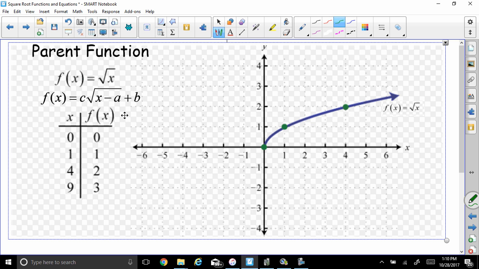So we pick 4, the square root of 4 is 2. And we pick 9, the square root of 9 is 3. My chart doesn't go up to 9, but I go up to 6. So x is 4, and there f of x is 2. So there's the graph, and this is how it looks. Notice it's a curve, and it is the square root.